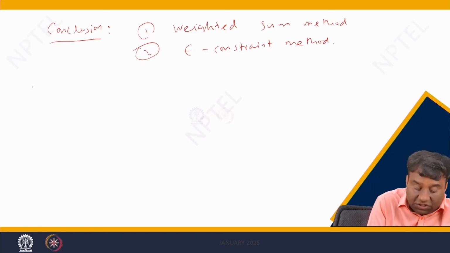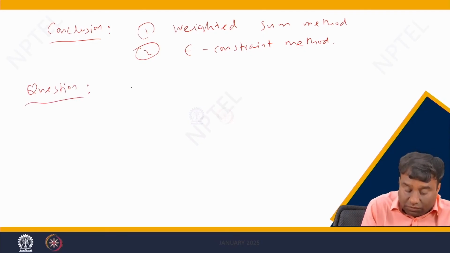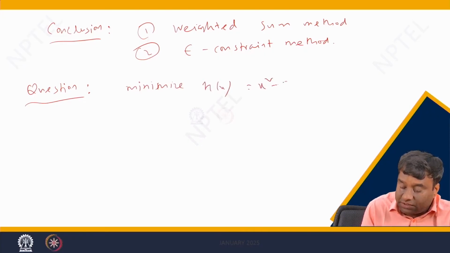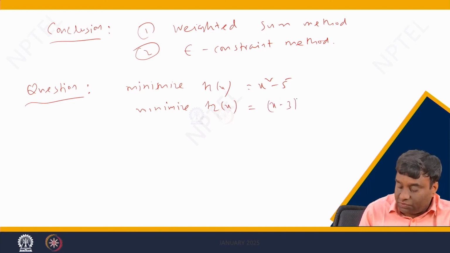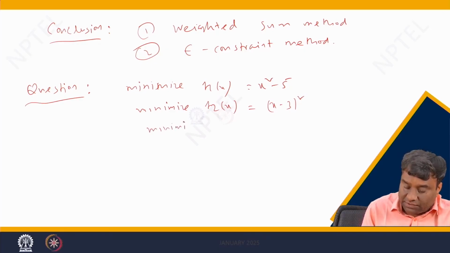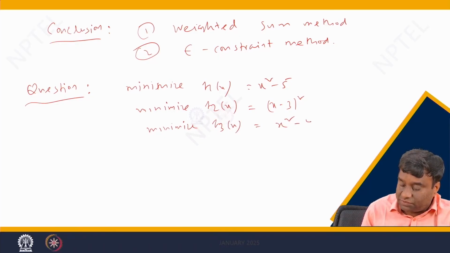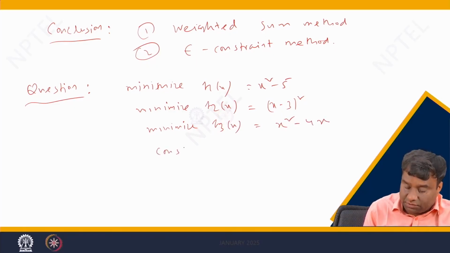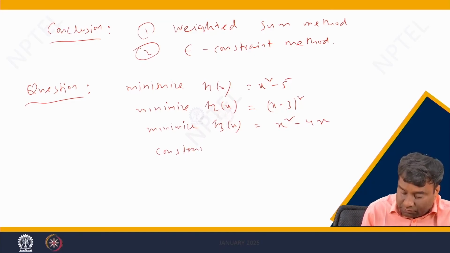So the question is: minimize f1(x) equal to x squared minus 5, minimize f2(x) equal to (x minus 3) whole squared, minimize f3(x) equal to x squared minus 4x, constraint x belongs to 0 to 10.